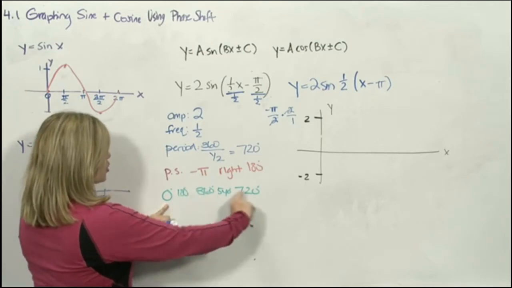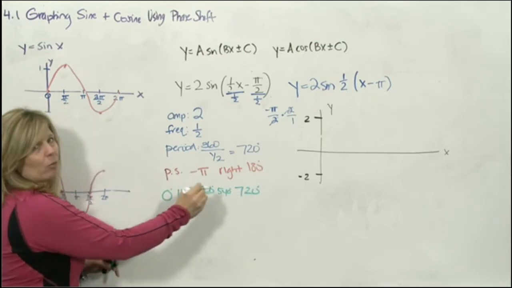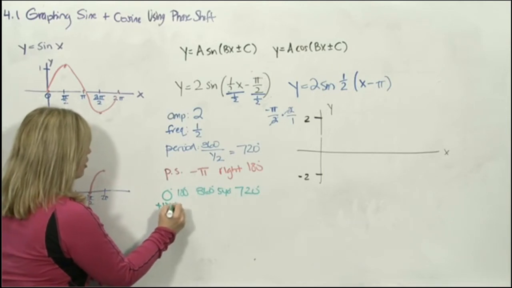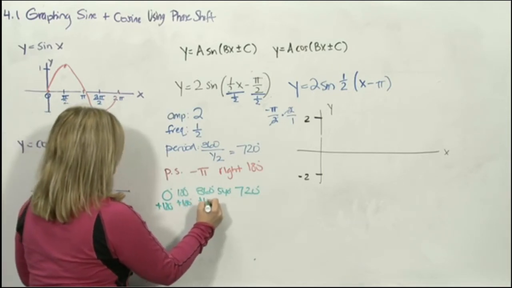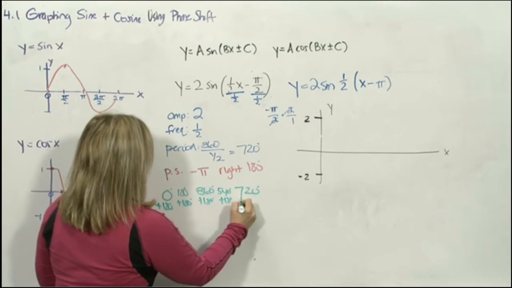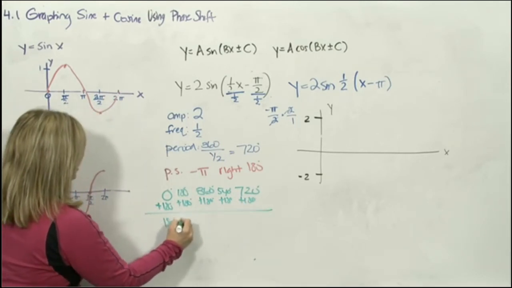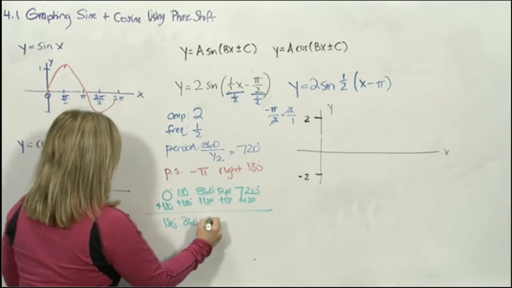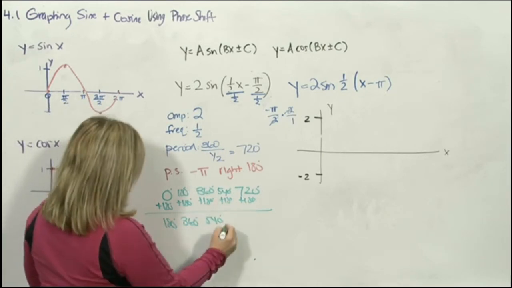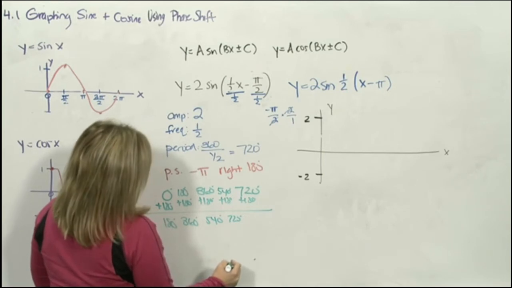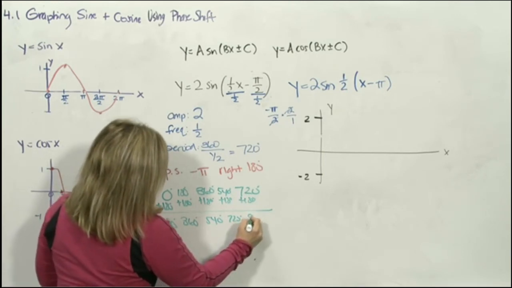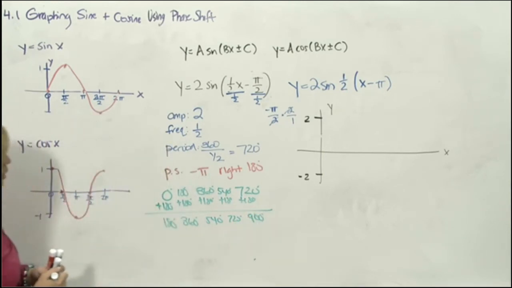Minus 180 means we're shifting all of these points to the right 180, which means we're going to have to add 180 degrees to all of them. So we add. We get 180 degrees, 360 degrees, 540 degrees, 720 degrees, and that would be 900 degrees.